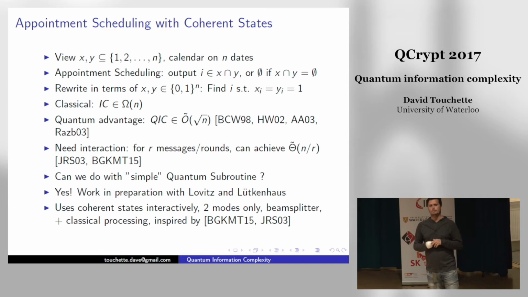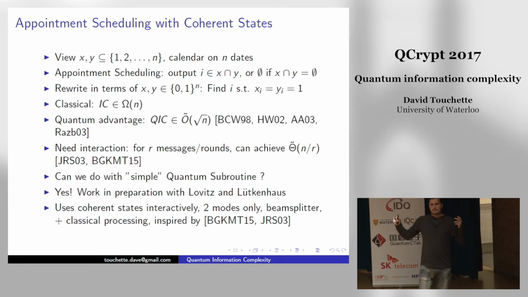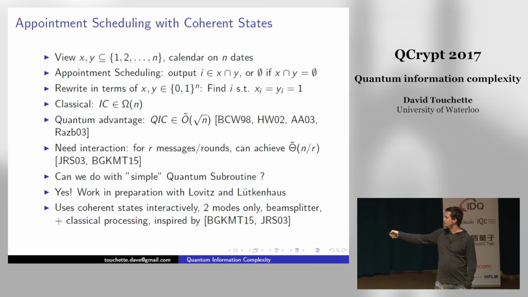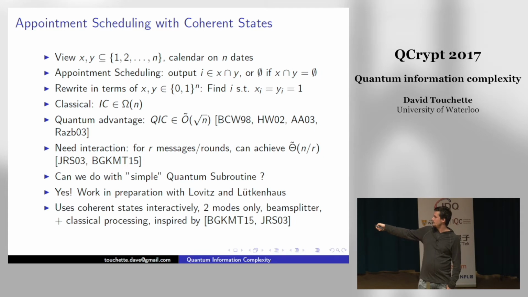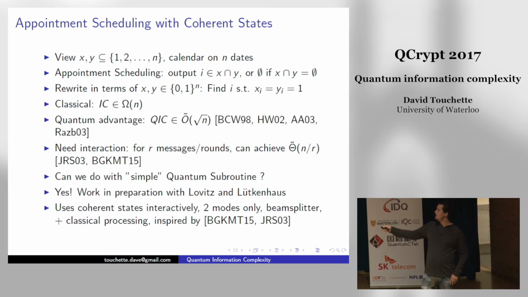In the appointment scheduling problem, Alice and Bob have as input some calendar of availability on n dates, so we can view their inputs x and y as subsets of a calendar of n dates. And they wish to schedule an appointment. So what they want to find is some index i in the intersection of these two sets, a date where they're both available, or they want to determine if the intersection is empty, so there's no date of common availability.